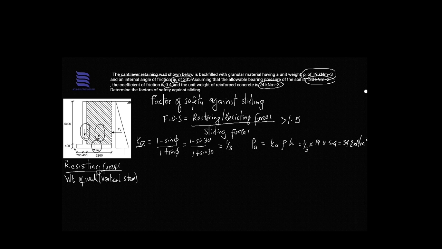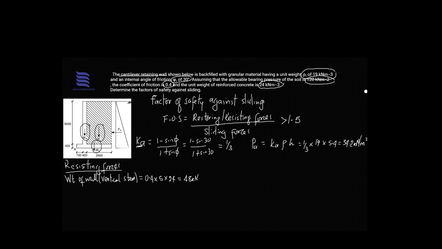So for the weight of the wall itself, that would be 0.4, which is the thickness of the wall, rightly shown here as 400, multiplied by the height of that wall, which is 5. It's not 5.4 now, since we are dealing with the vertical stem only. Then we multiply by the unit weight of concrete that has been given already in the question as 24. So altogether we have a value of 48 kilonewton for the weight of the vertical stem.